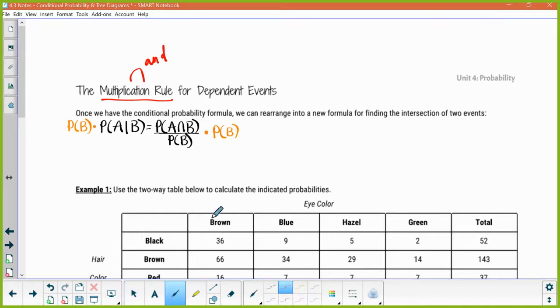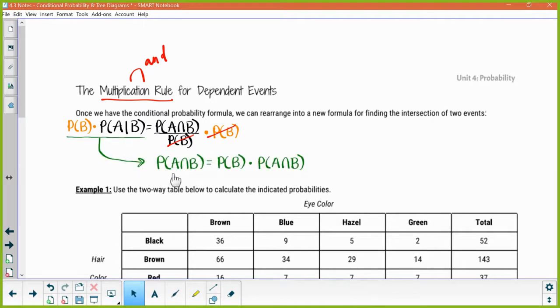What's going to happen is this denominator and this probability of B are going to cancel each other out, which leaves us with, if I were to convert this into a nice formula, probability of A and B is equal to the probability of B times the probability of A and B. Oh, sorry.